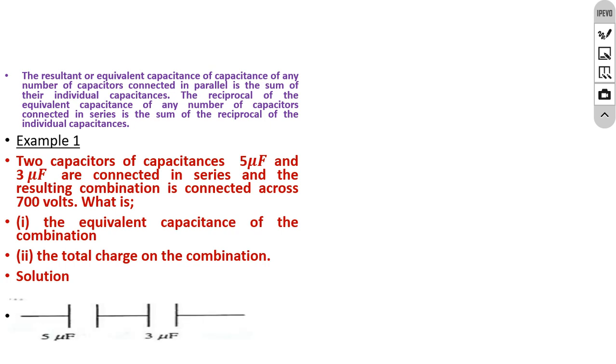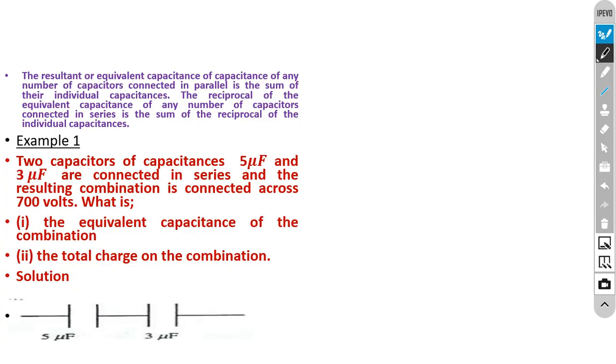So this is what we have. This is series arrangement and is being connected to 700 volts. So in this figure, one would link this up to where you have the supply, something like this.